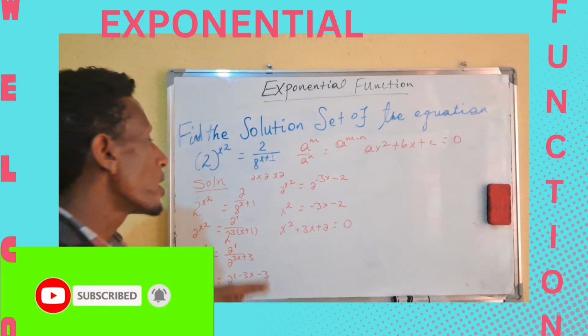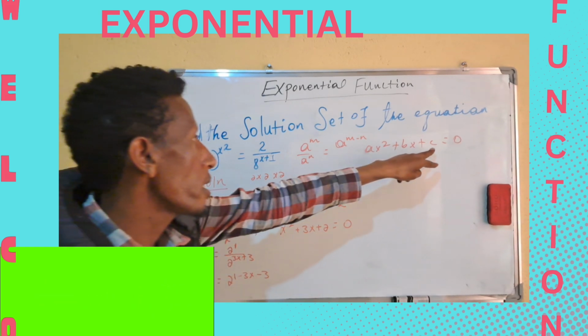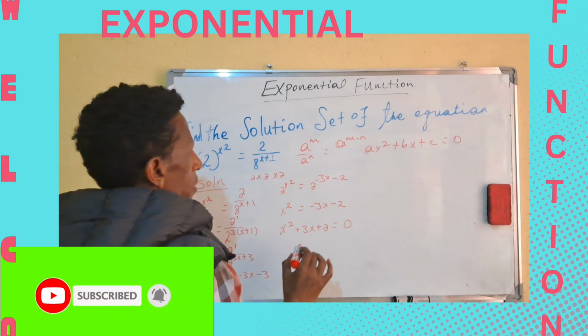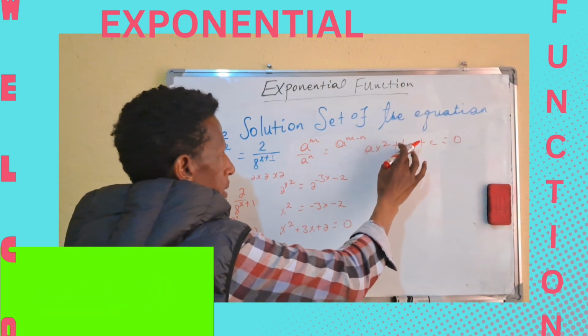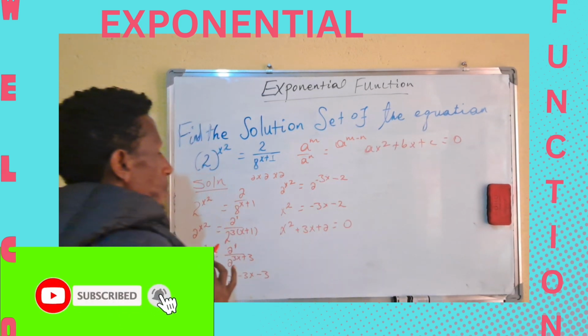So we need two different numbers whose sum is b and whose product is c.